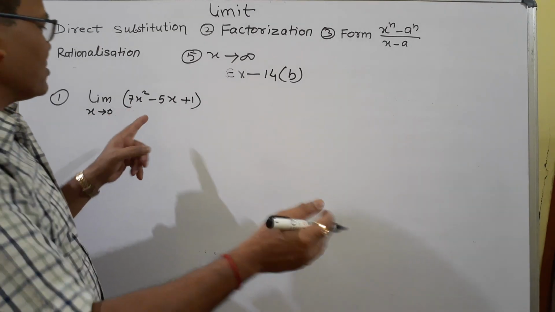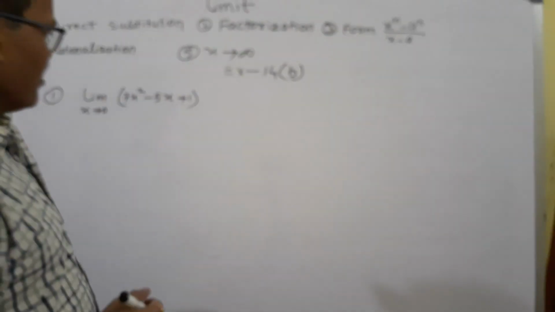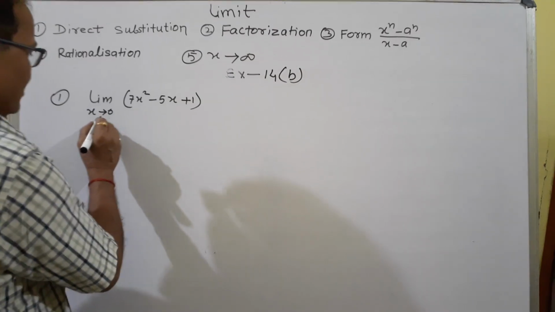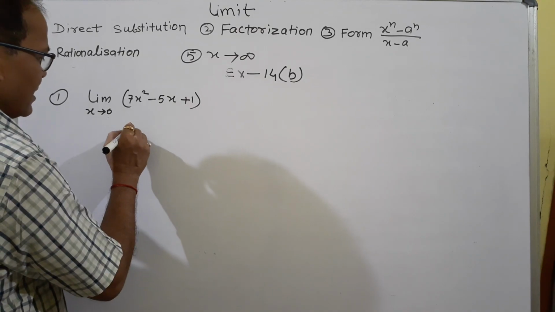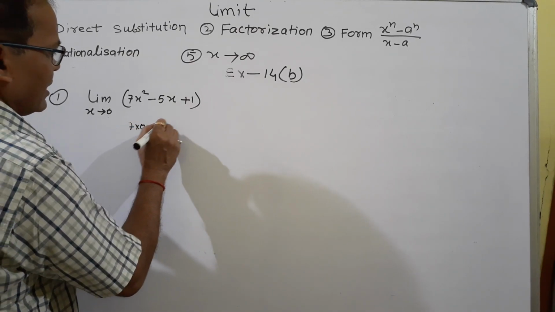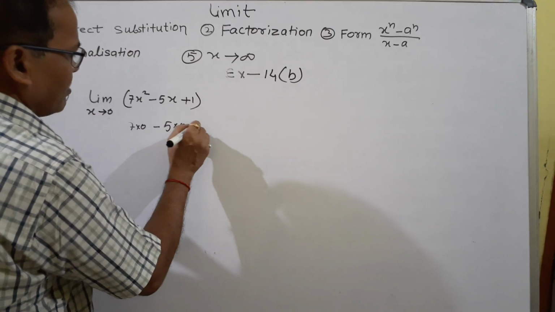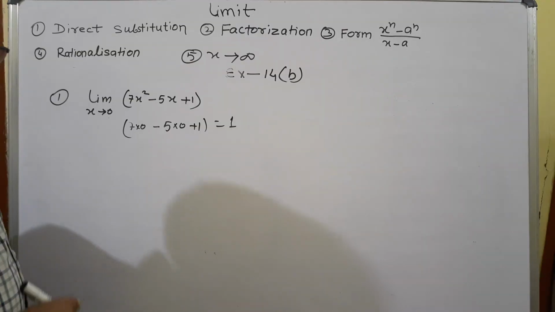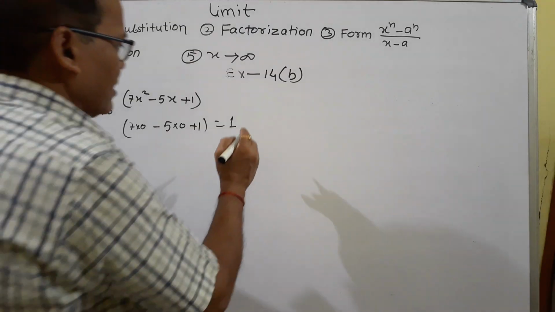Then we can put the value and get the result. We will get 7 into 0 minus 5 into 0 plus 1. The result will be 1. This is called direct substitution. We can substitute directly.